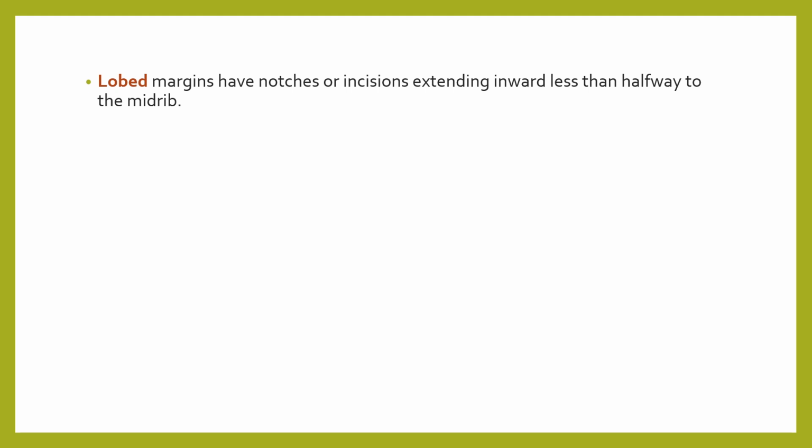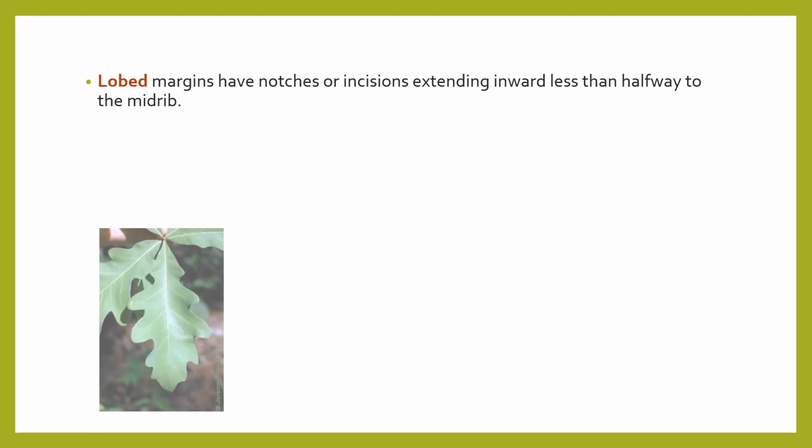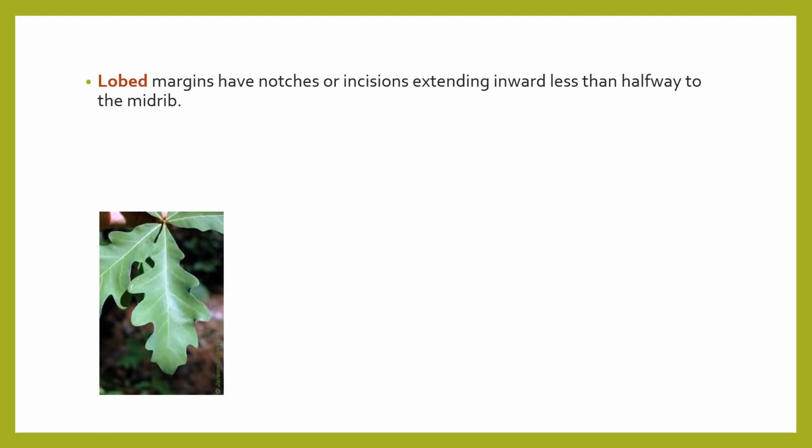Lobed margins have notches or incisions extending inward less than halfway to the midrib. It is lobed, like this picture. You can see the margin has notches, but they go inward, directed to the inner part of the leaf.